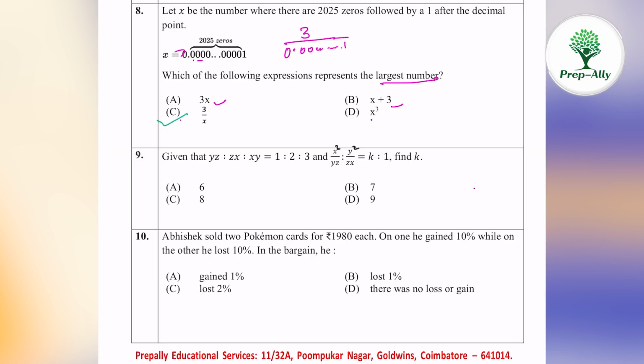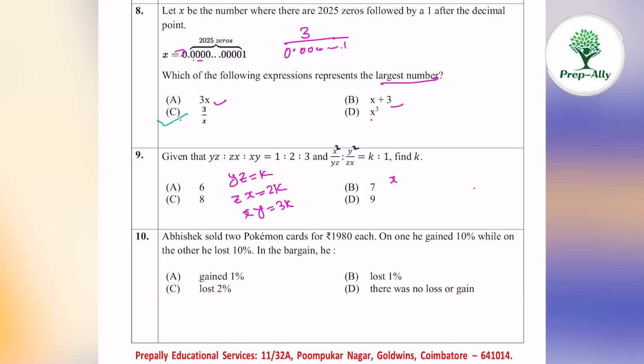Now question number 9. In this we have to find the ratio x square by yz to y square by zx, and it is given that yz ratio zx ratio xy is 1 ratio 2 ratio 3. So we can write yz is equal to k, zx is equal to 2k, and xy is equal to 3k.